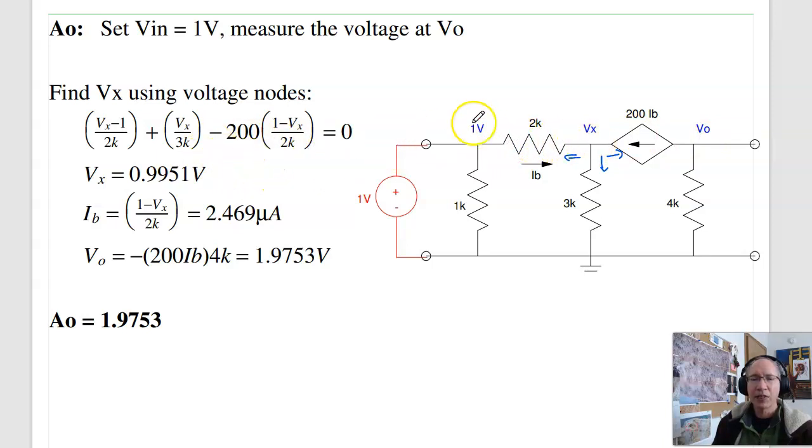Solving for Vx, I get 0.9951 volts. I can then solve for IB. That's 2.4 microamps. 200 IB is 1.9 something, times 4K gives you the voltage. So Vout is 1.97 volts. That must be Aout. This is an amplifier with a gain of 2. It's not really obvious, but it is.